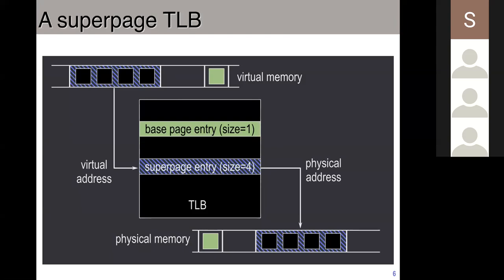A base page gives you the physical page number of the corresponding page in physical memory. Similarly, a superpage gives you the superpage number of the corresponding page in physical memory, with the understanding that any offset that follows would refer to the entire superpage, starting from the base address.